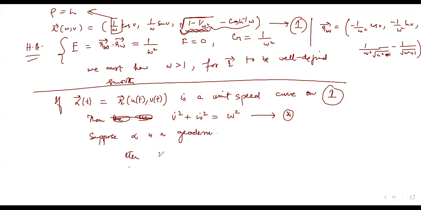Then by Clairaut's theorem, I should have 1 by w sine of psi, which is the same thing as 1 by w square v dot is equal to omega, right?